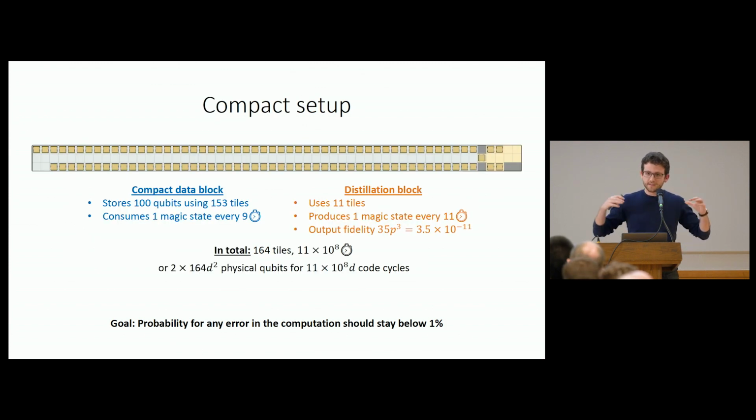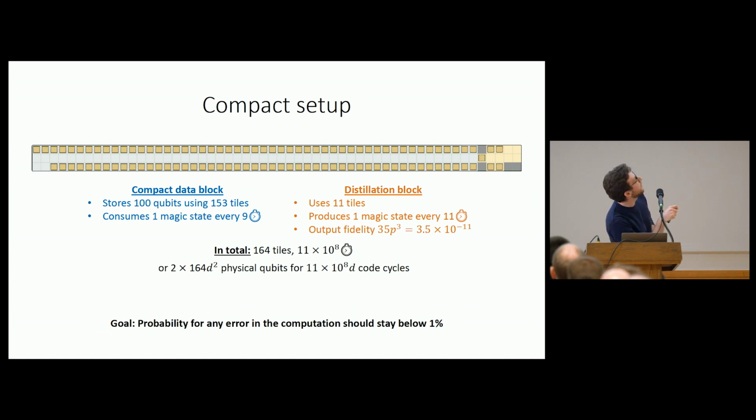Well, the smallest setup that we can come up with using the components that we have so far is this one, where we have this compact data block that stores 100 qubits using 153 tiles and can consume 1 magic state every 9 time steps. And this tiny thing over here, that's our distillation block that occupies 11 tiles and produces 1 magic state every 11 time steps.